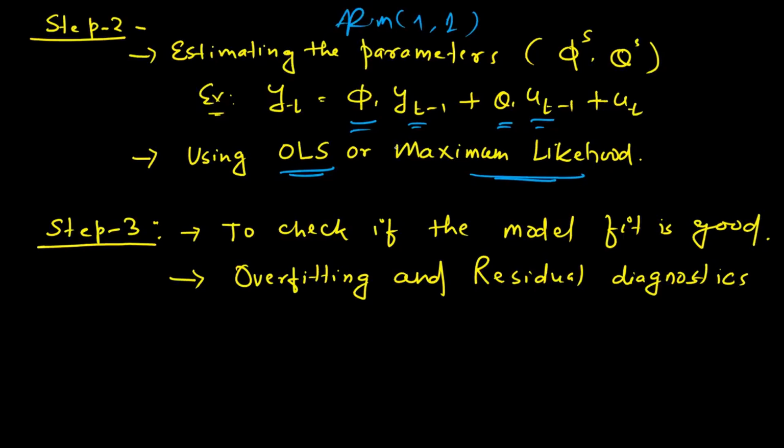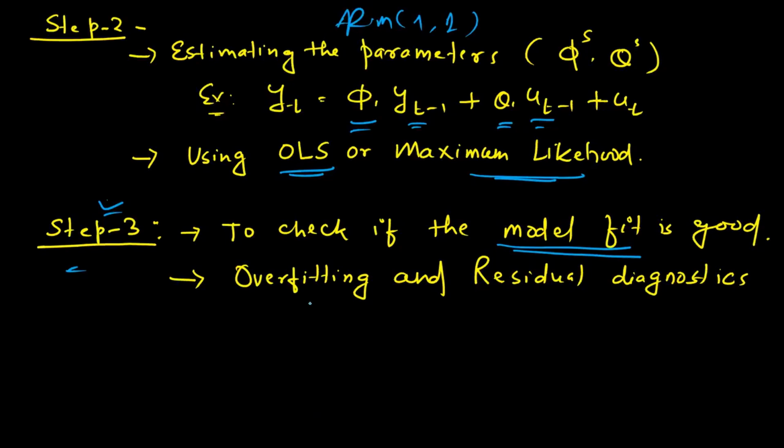Then you will see in the next step whether this is a correct specification or not, and that's the third step. In the third step, we check if the model fit is good. Remember the term here, model fit. Pretty much like any other statistical model, once you have found the estimates, you check if the model is fitting the data properly or not.